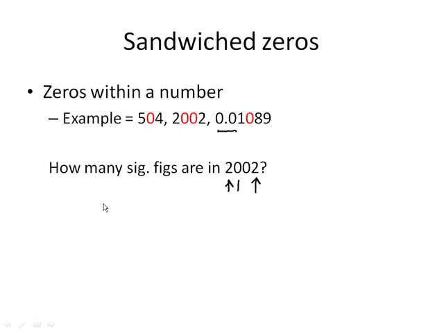And both of these zeros count because they are sandwiched. So my total number of significant figures equals 4. And I will tend to abbreviate significant figures as sig figs. 4 sig figs in 2002. Oh, and there's the answer, written much more clearly.